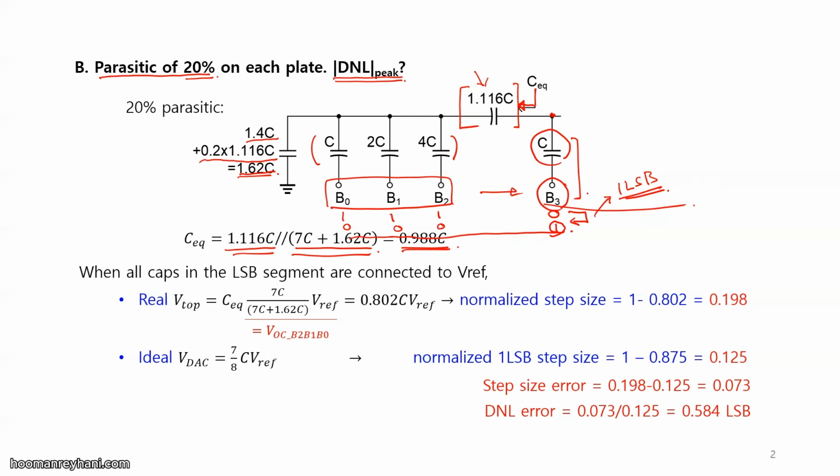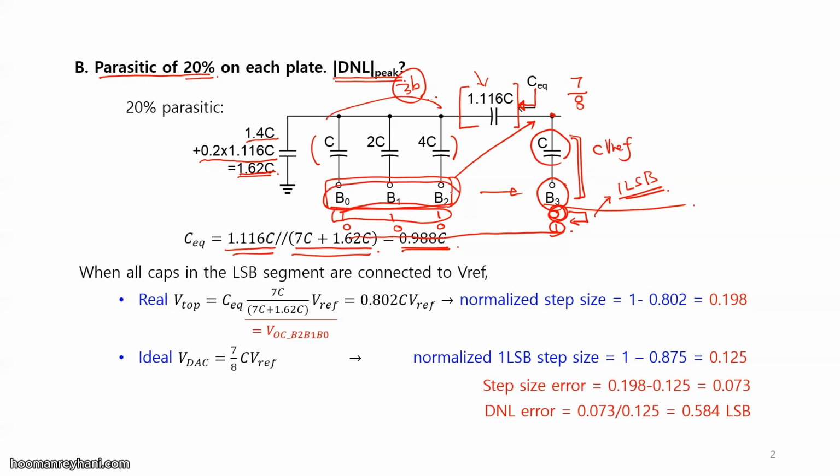Then the ideal voltage that should be generated by this 1110 should be what? Because this is 3-bit, right? Its maximum will be 7/8. When we think this one unity, C VREF, right?